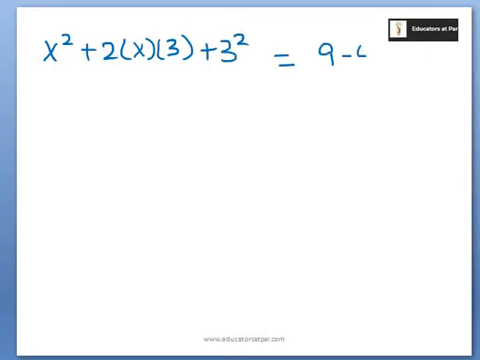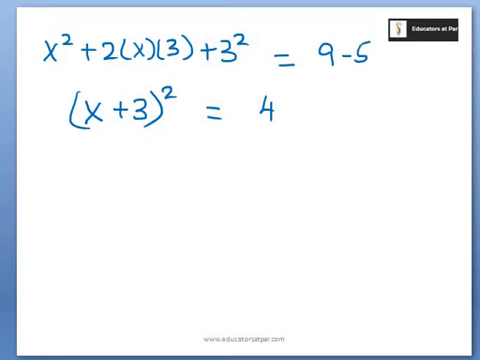So we have x² + 2 × x × 3 + 3² = 9 − 5. This is a² + 2ab + b². Our a is x, our b is 3. So it's (x + 3)² = 4.